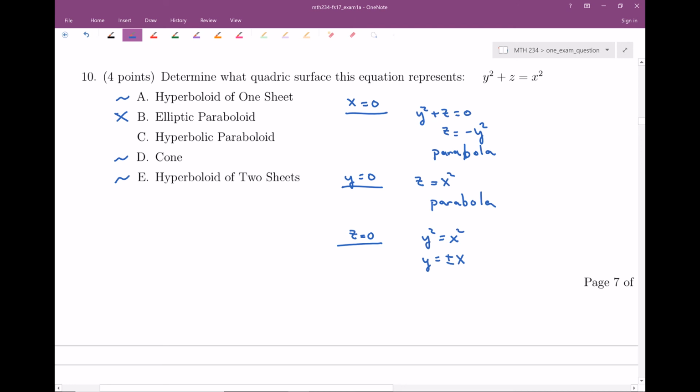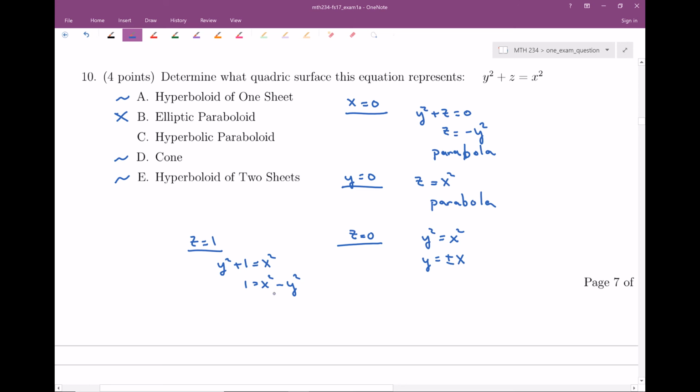But this becomes even more evident if we choose one other value. If we choose z equals 1 or z equals negative 1 or really anything else. So I'm going to choose z equals 1. I'm going to get y squared plus 1 is equal to x squared. Everywhere I see a z, I plug in a 1. If I rearrange this, I get x squared minus y squared is equal to 1.